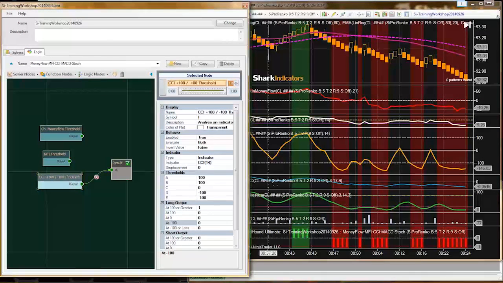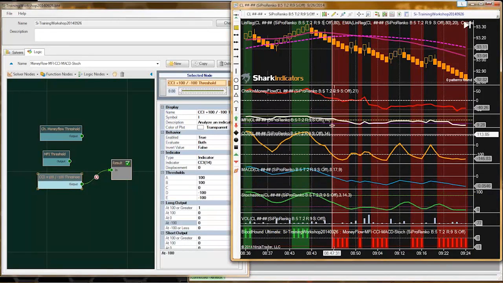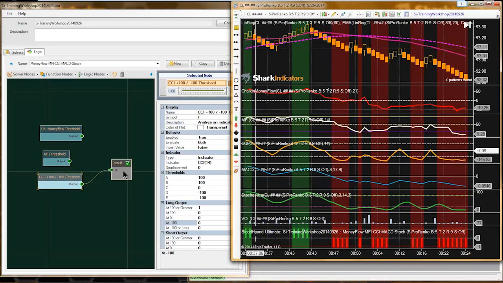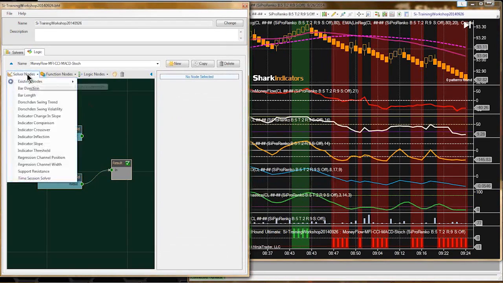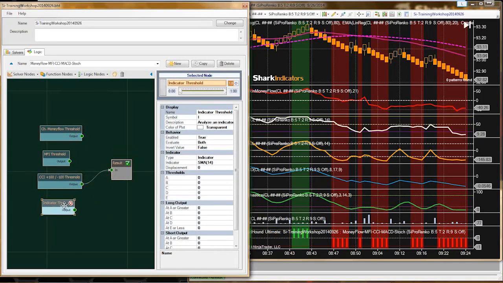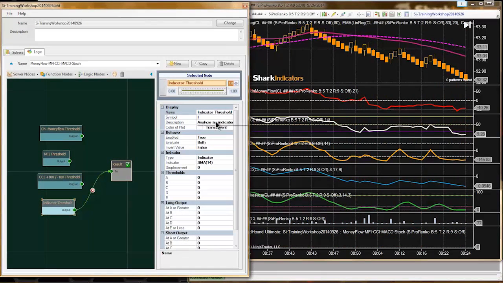All right, next we have the MACD. So let's grab another threshold solver and set this up for the MACD.